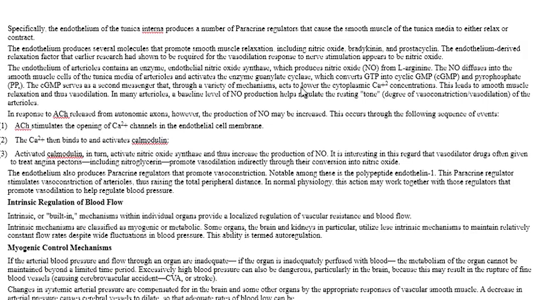And they call it endothelium derived relaxation factor. These are factors that earlier research had studied, the research on the vasodilatation response to nerve stimulation, about the effect of nitric oxide.